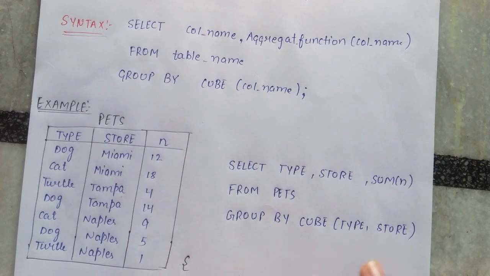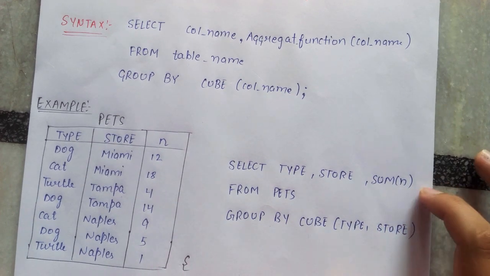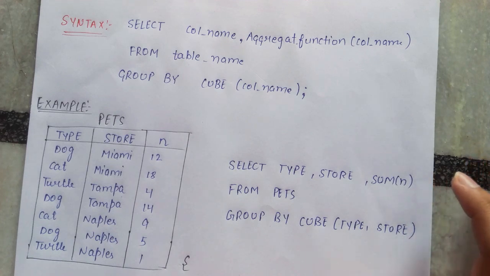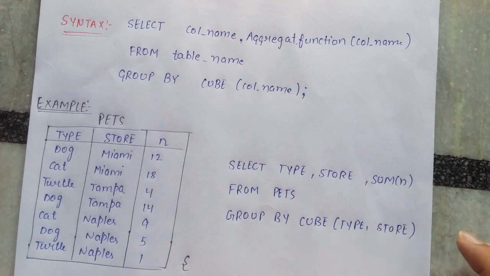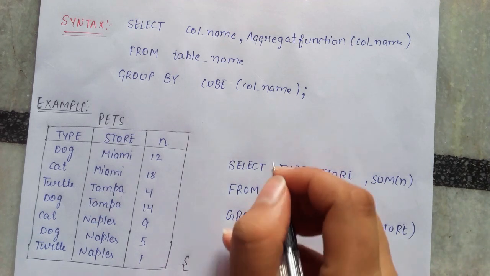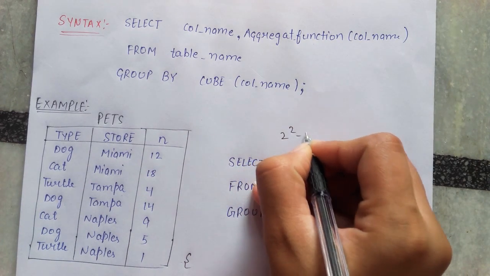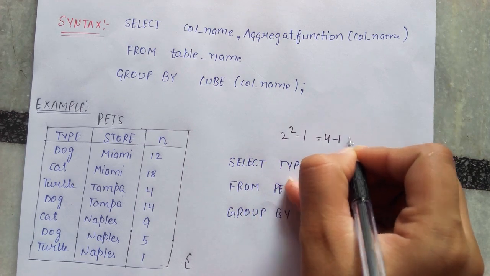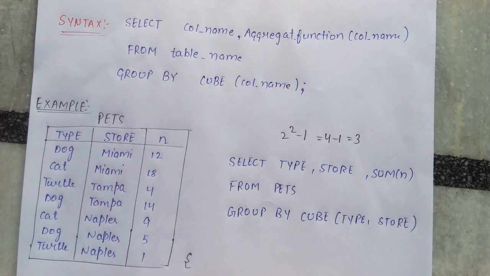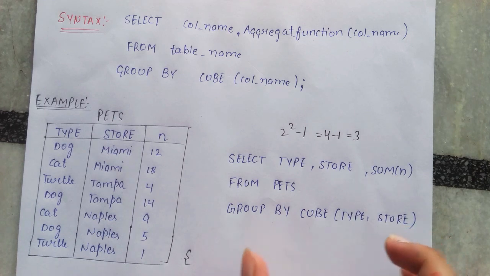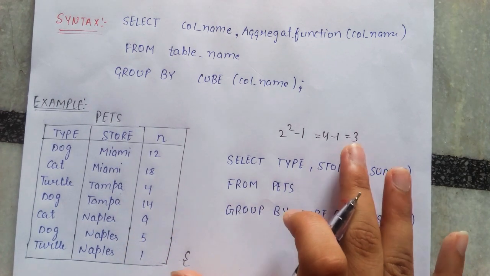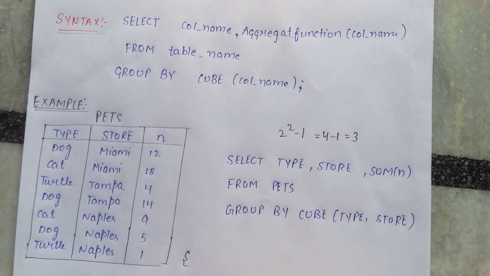As I told you about its working, it will take 2 to the power n minus 1 combinations. Here n is 2, since there are two columns, so it will take 2 to the power 2 minus 1 combinations, which is 4 minus 1, which is 3. So it will take a total of 3 combinations and group this data on the basis of those 3 combinations. Which are these 3 combinations?